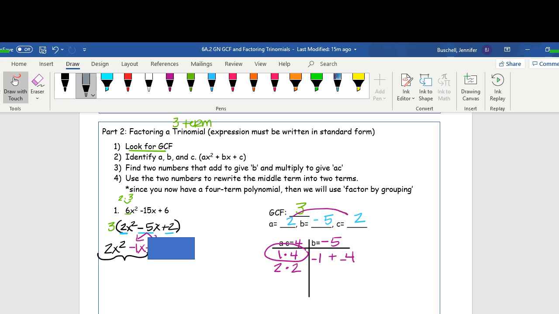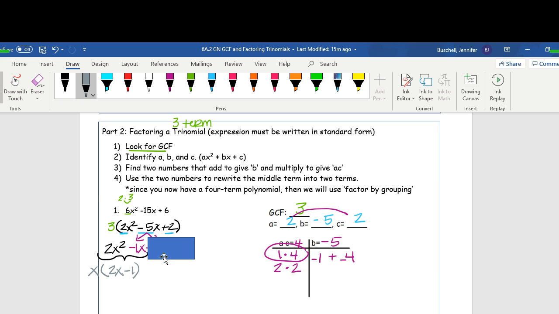Okay, so the biggest thing I see in common is just an x. And I'm going to divide an x out from both terms. So 2x squared divided by x is 2x. Negative 1x divided by x, I'm left with negative 1.